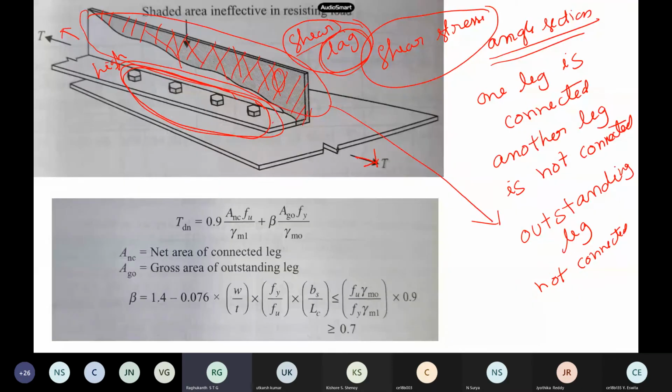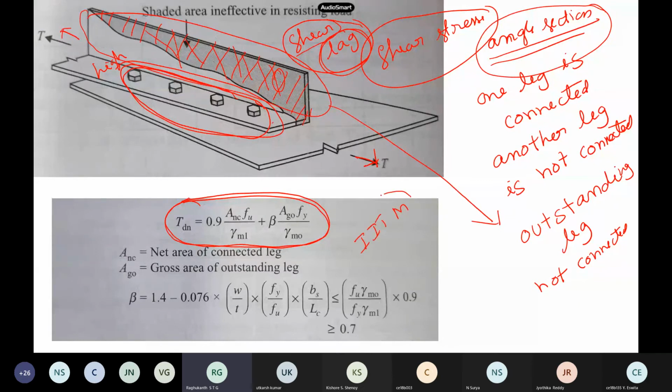The code also gives you, for angle sections where one leg is connected and another leg is not connected, a new formula to use. It is not the 0.9 into AN into Fu by gamma M1, but this formula has to be used here. And this formula was developed in our IIT Madras structures lab.